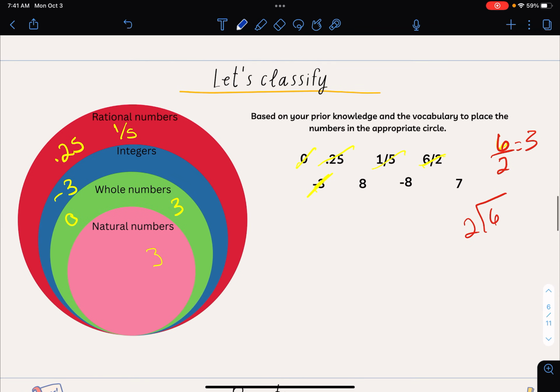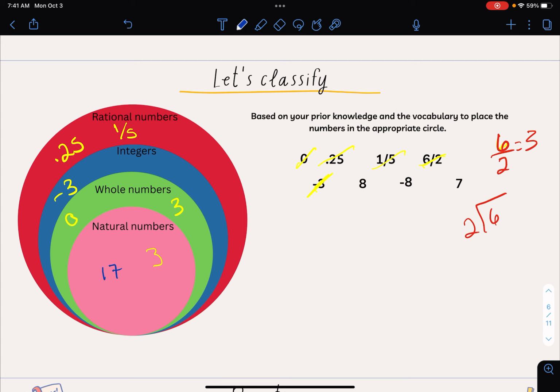If we look at 17, we would put it in the natural numbers, essentially. Since we put it here, you see how the circle for natural numbers fits in the other circles. That means it can be classified as all those other numbers.